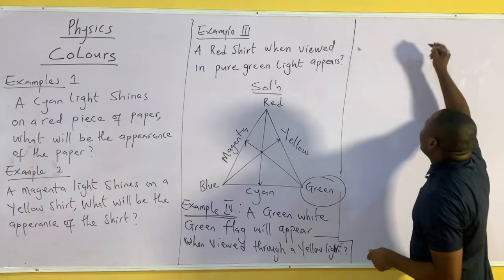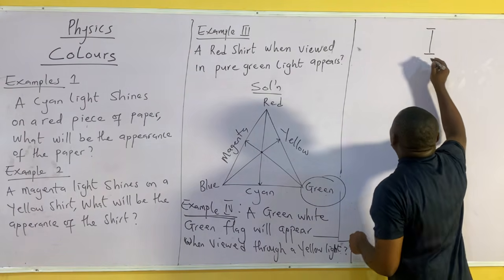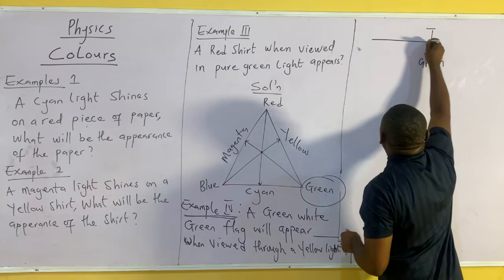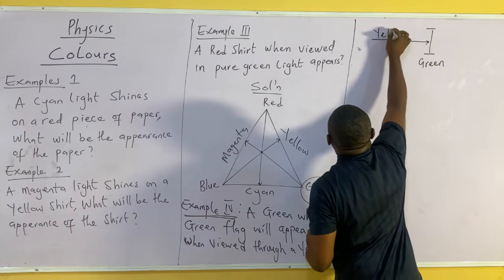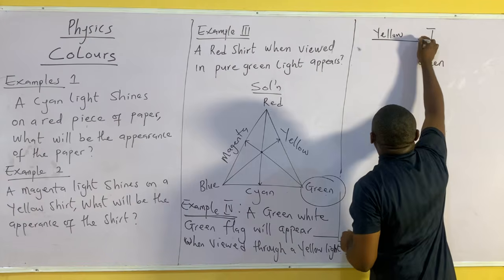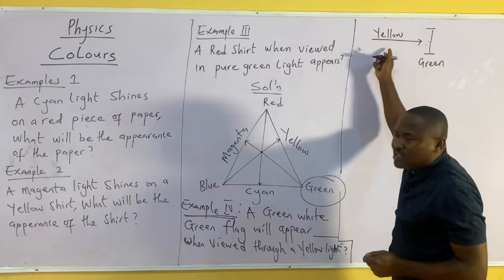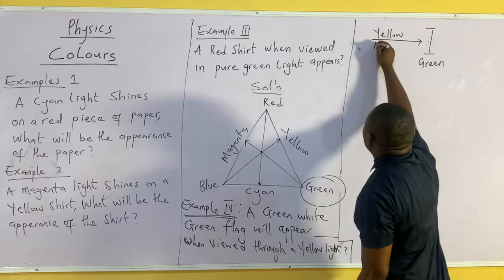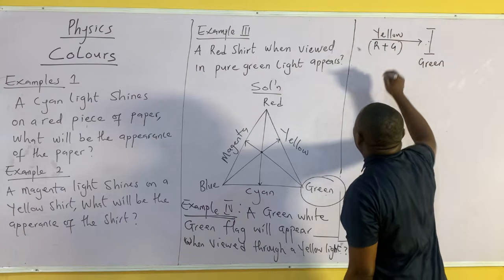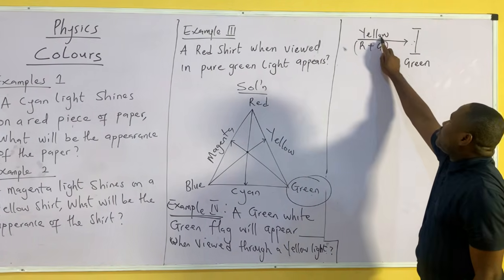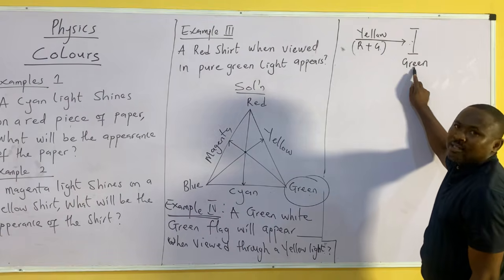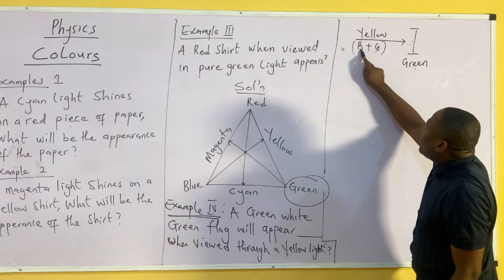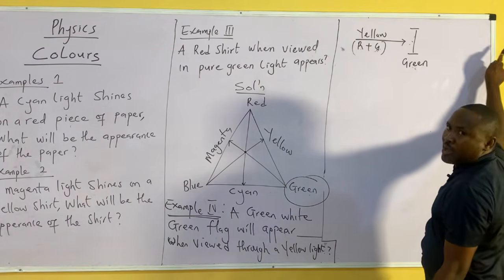So a green, white, green flag, when viewed through a yellow light, will appear what? First, let's take the green. Now we are viewing through yellow. Yellow is coming to green. Now, what is the component of yellow? It is red and green. Yellow being red plus green, and the flag having green, it means that red will be absorbed and green will pass through.